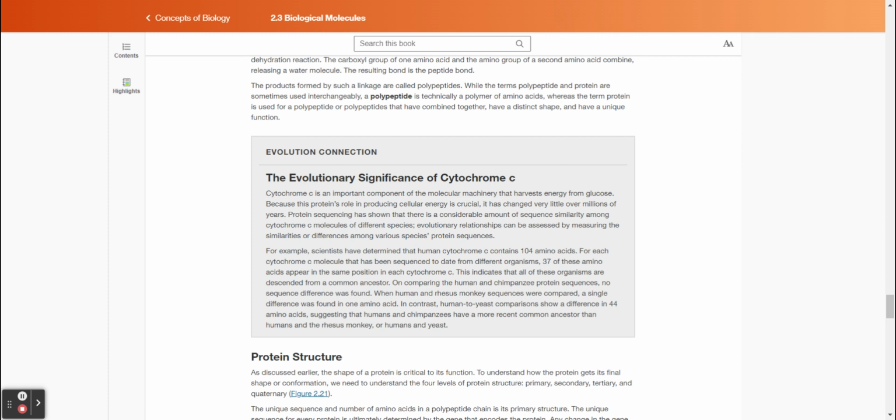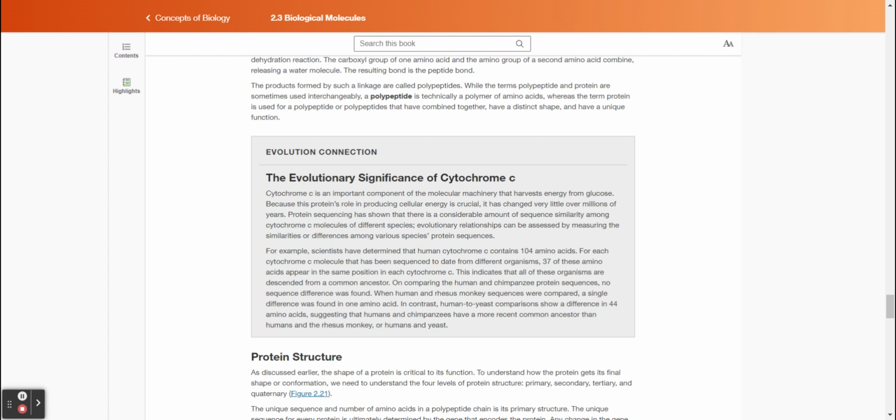For example, scientists have determined that human cytochrome C contains 104 amino acids. For each cytochrome C molecule that has been sequenced to date from other organisms, 37 of these amino acids appear in the same position in each cytochrome C. This indicates that all of these organisms are descended from a common ancestor.